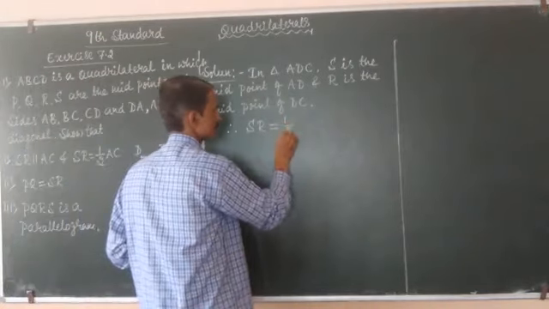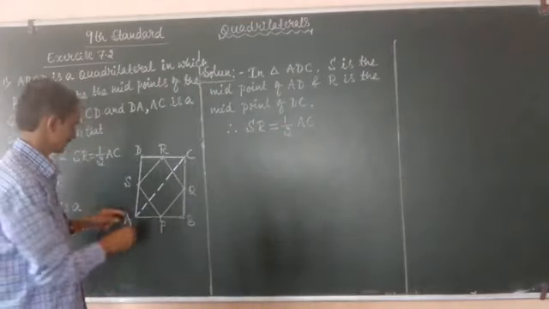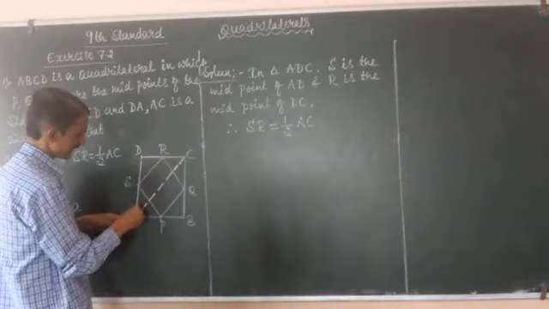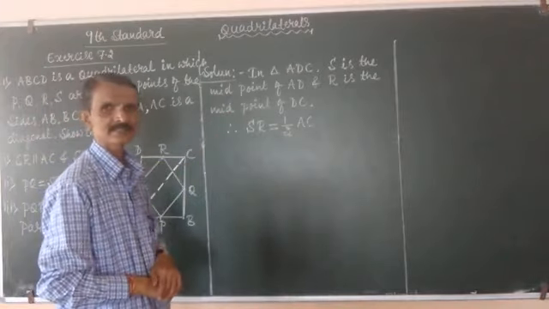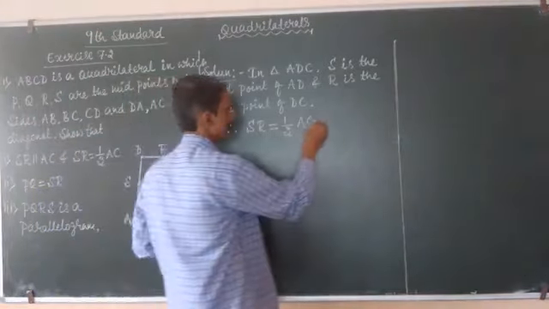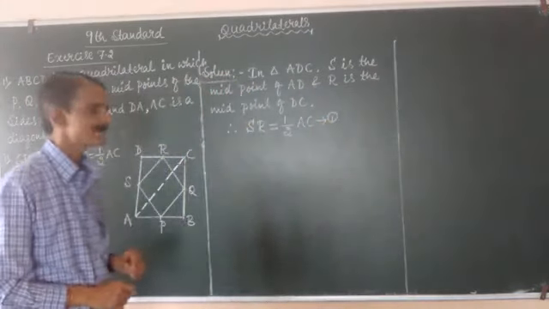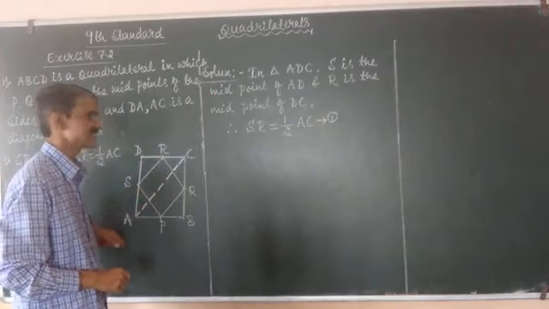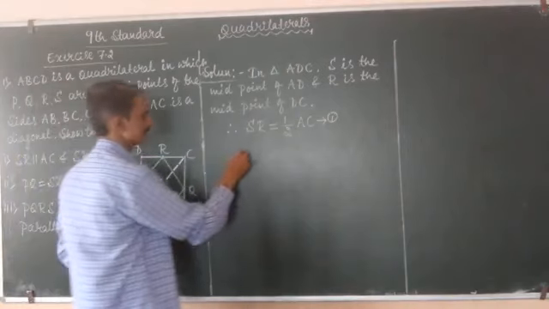SR is equal to half of the third side. AC is the third side of the triangle ADC. So SR is equal to half of AC. Call this equation number 1. And also we can write SR is parallel to AC.